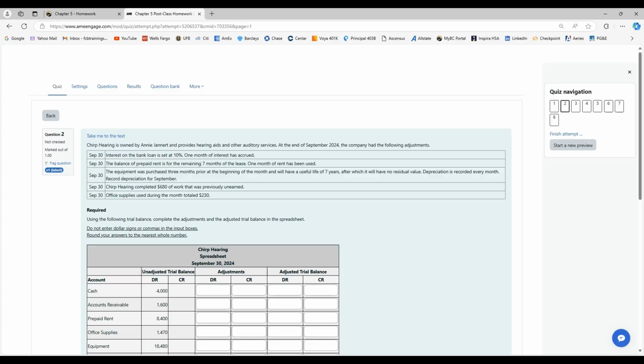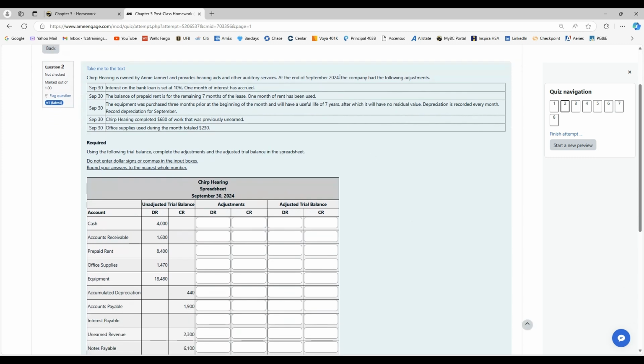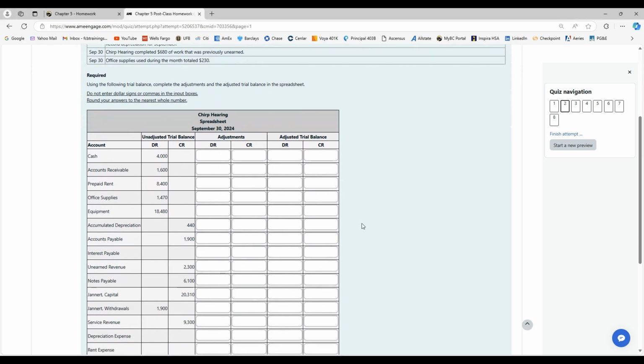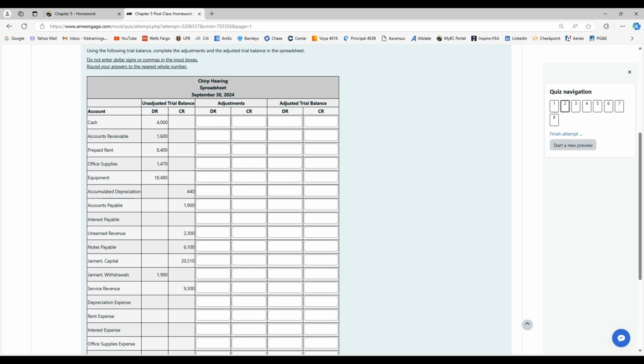Okay, bear with me. All right, so now we're back to the actual input screen for our homework after we've done all of our adjustments. And so we know what all the values should be. Now it's just a matter of going in and putting in our adjustments here. So we'll just go line by line.